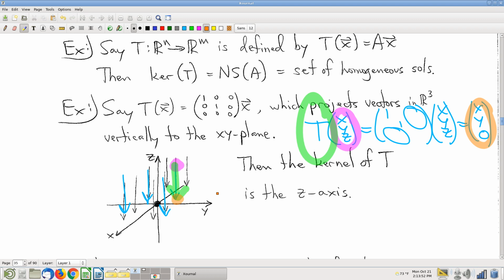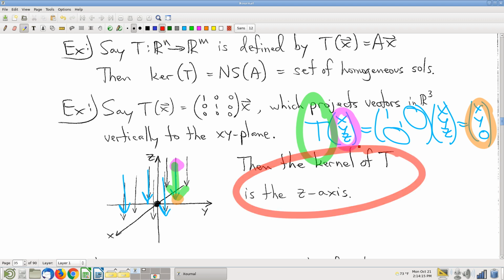So said differently, this linear transformation is the squish-it-down-into-the-XY-plane function. So for this squishing function, the kernel is the collection of points that squish down to 0, and that's the z-axis.